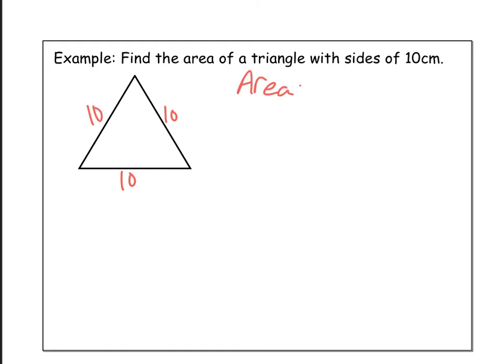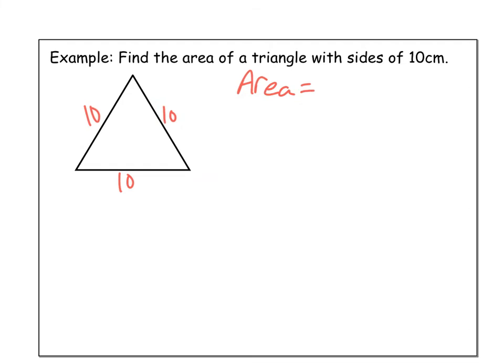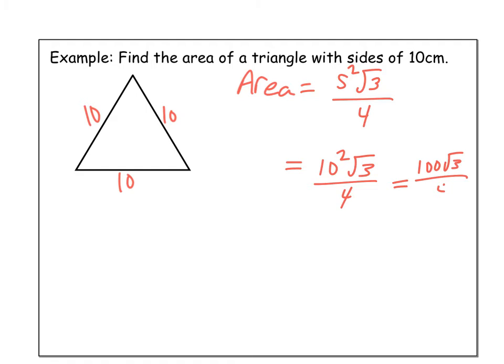Okay, and we have the formula now. We don't even have to do any magic work or anything. We don't have to do the 1/2 base times height and find the height and all that stuff, because this formula that we just built takes it all into account. So again, the area, only if it's equilateral, is S squared times the square root of 3 over 4. So we have a side length of 10. 10 squared is 100 root 3 over 4.